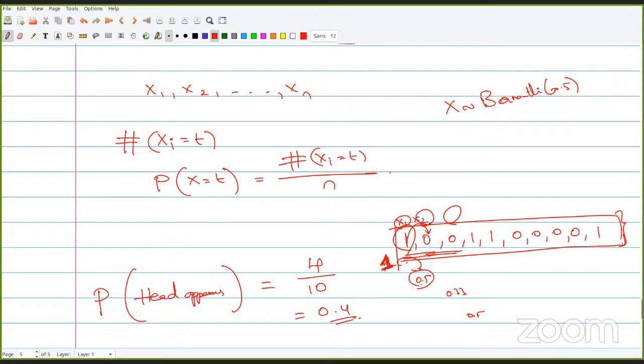We simulate an infinite number of samples, and we find that out of those samples, half of them are heads and half of them are tails. From there we get our value: the probability that head appears is 0.5. These are some interesting things to look into.